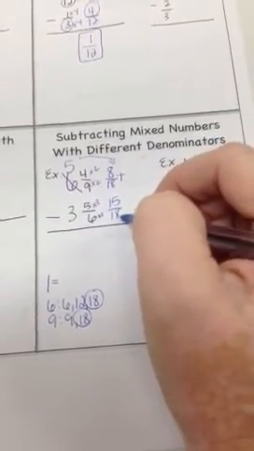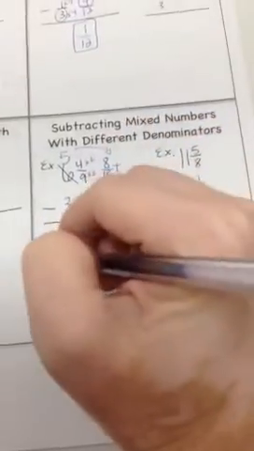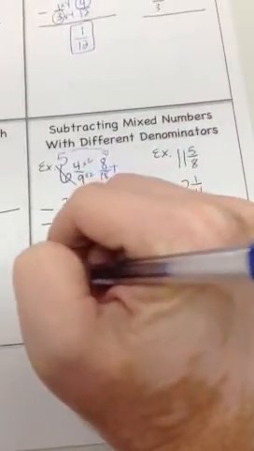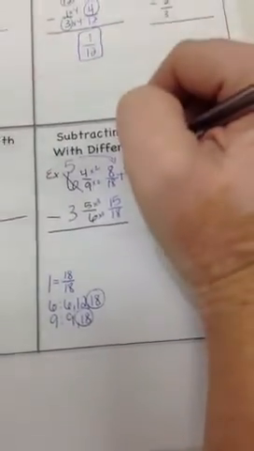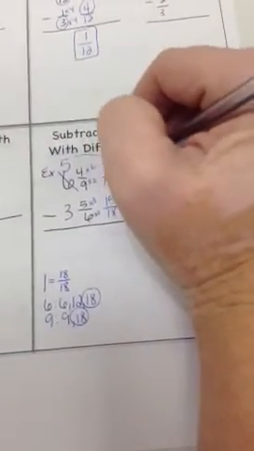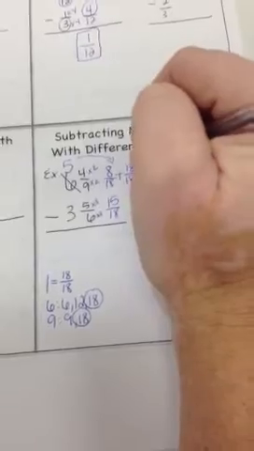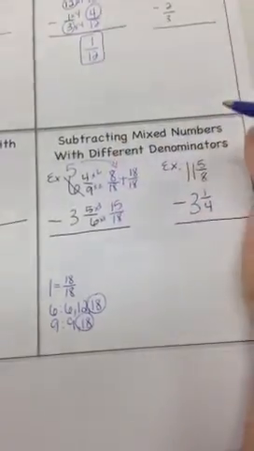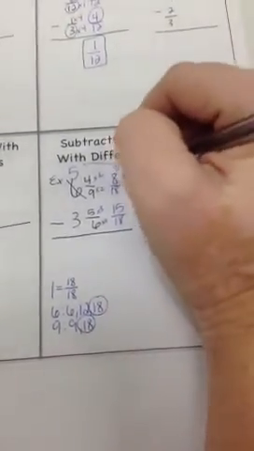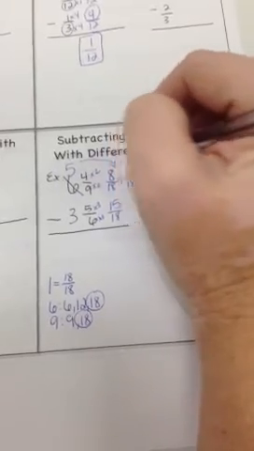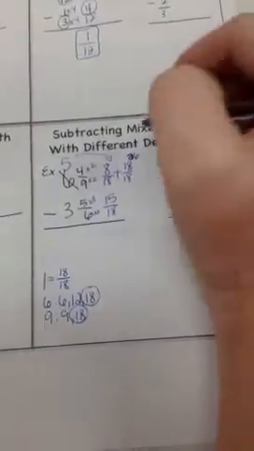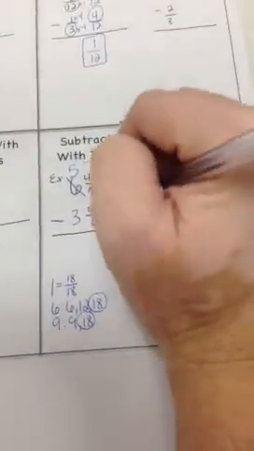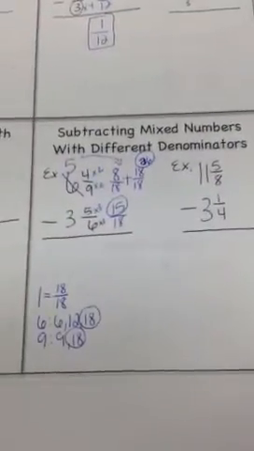Look at your denominator. It is 18. So 1 whole is the same thing as 18 out of 18. So instead of writing 1 whole, I could add 18 out of 18. 18 plus the 8 that I already had, if I add those two together, it makes, not 36, 26. It makes 26. So now I have enough to be able to subtract these.